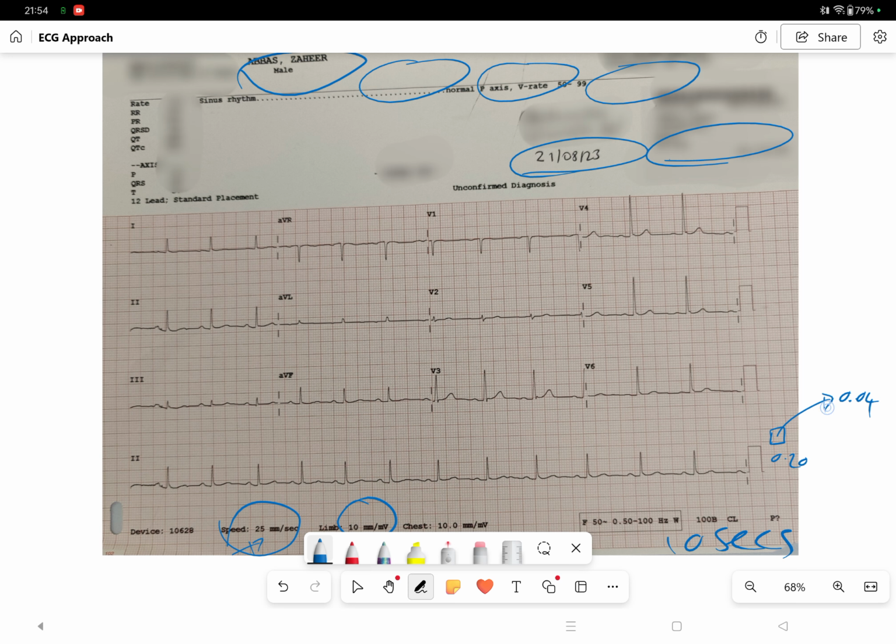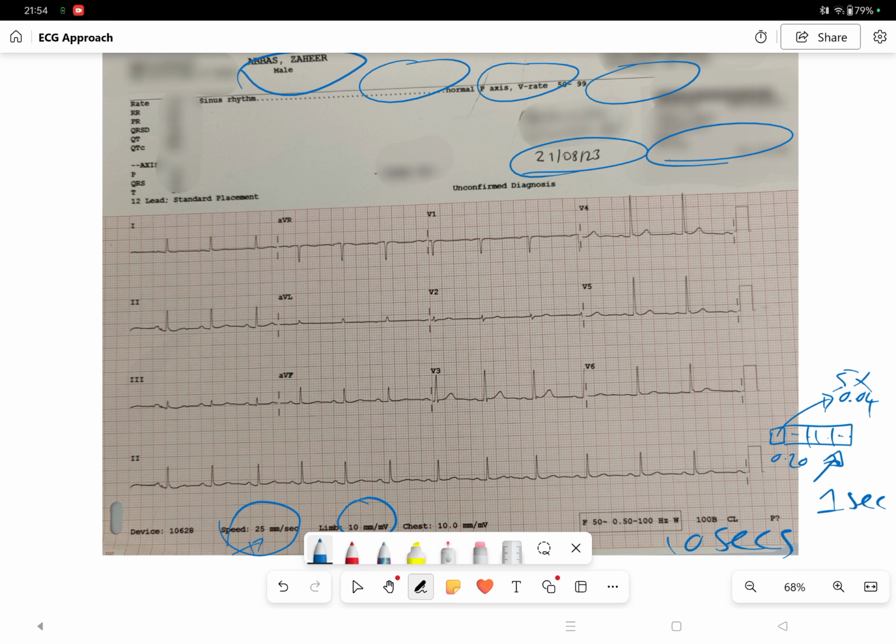So the 5 small squares will give me 1 large square, which is worth 0.2 seconds, and if I have 5 large squares, then that's equal to 1 second. As such, I will have 50 squares here to give me my 10-second strip.